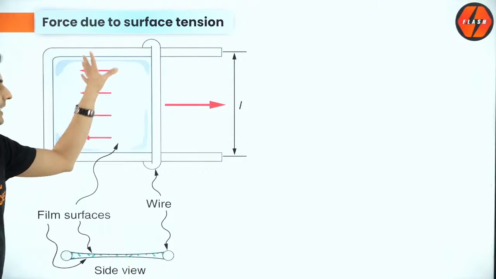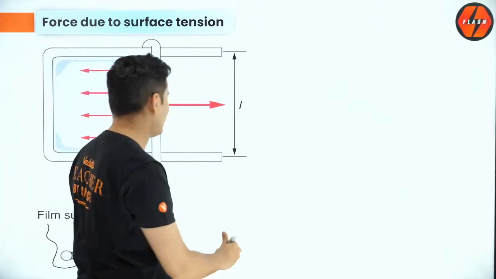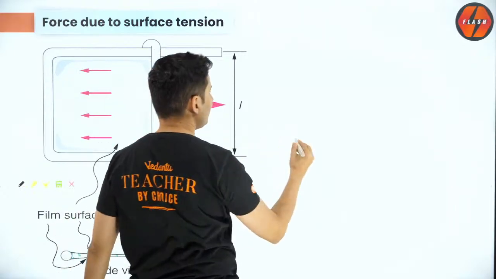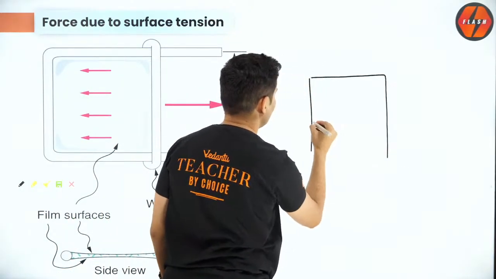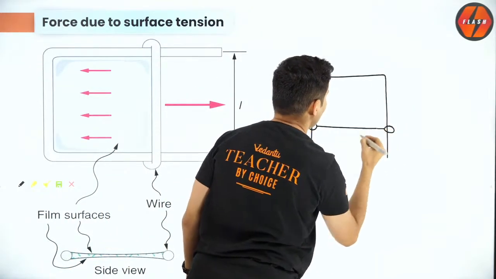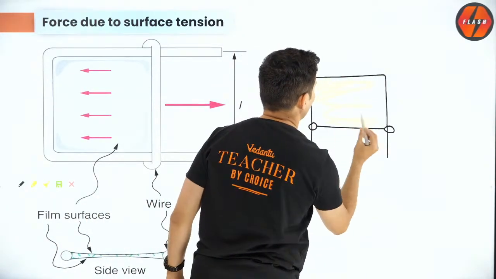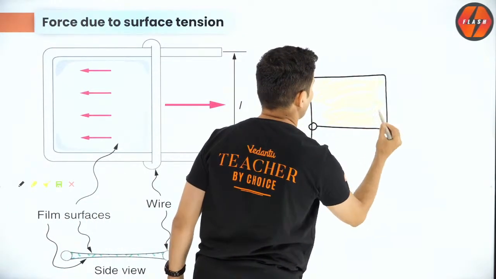In fact, this same apparatus can be tilted slightly like this. You can have that rod here, and then you can have that film formed over here.